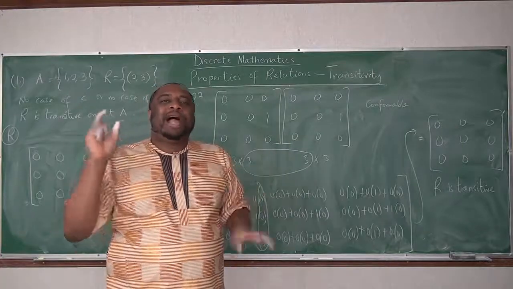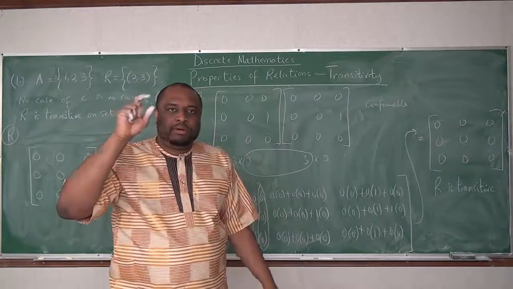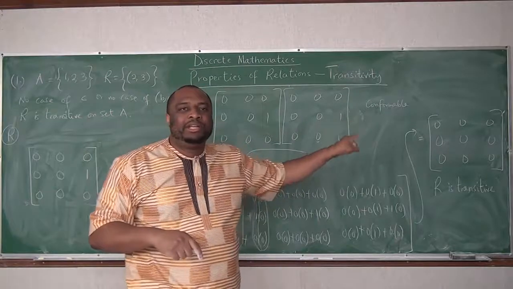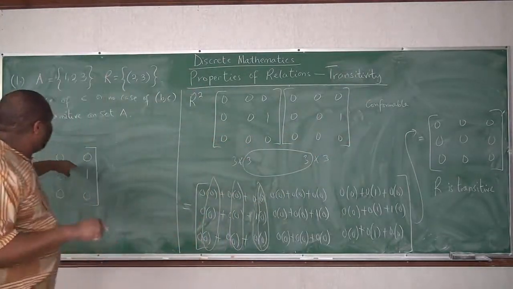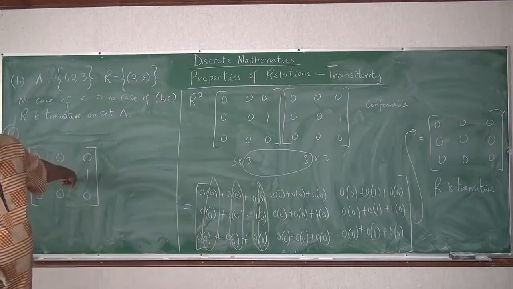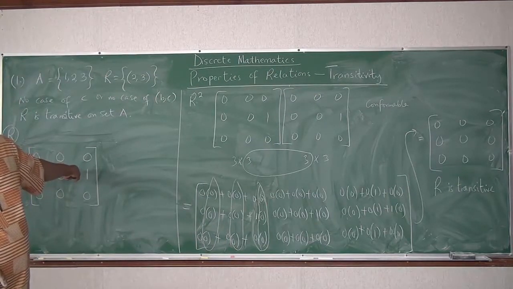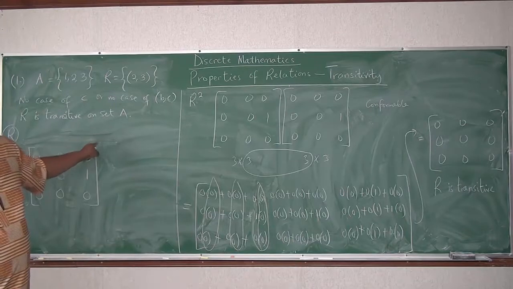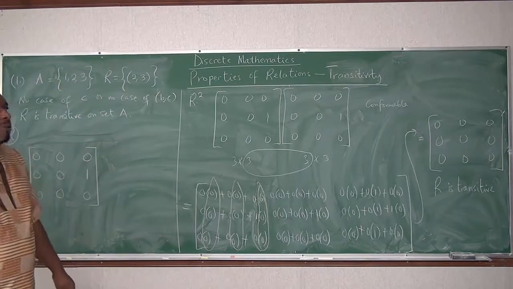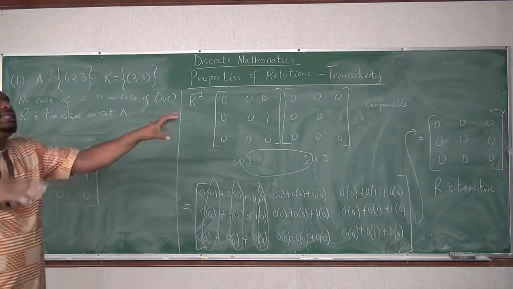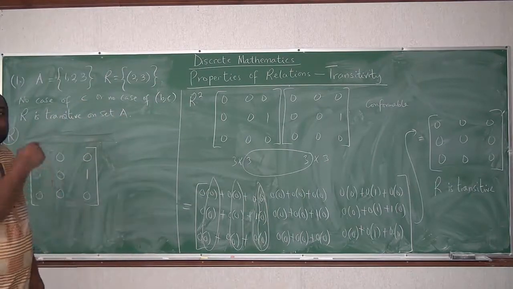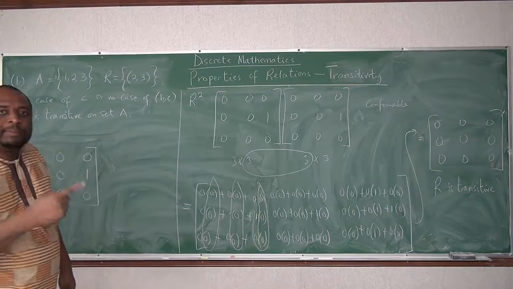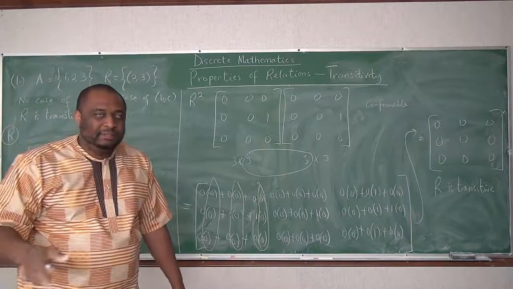But if you have a non-zero element, then you find the position, then look for the corresponding position in the original matrix. If all the corresponding positions are 1, then the relation is transitive.